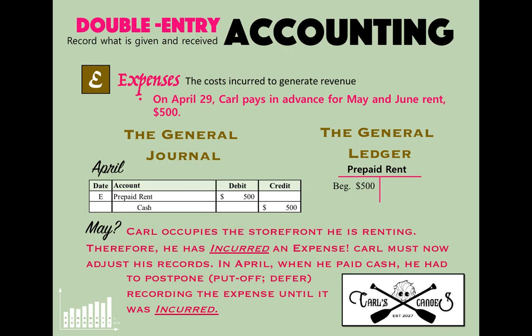Therefore, in April, he had not yet incurred May and June rent. But for May, he now occupied the storefront for the month of May. He has incurred the cost of rent for May, and he now has to record an adjustment to his records.